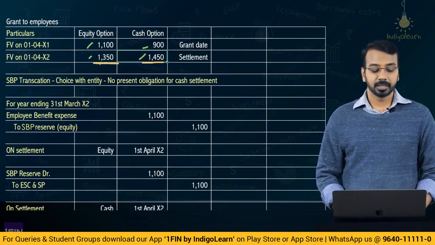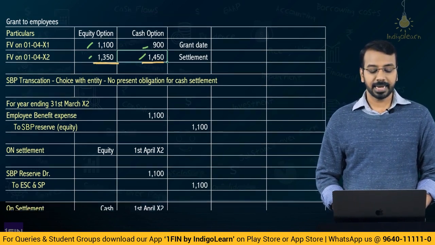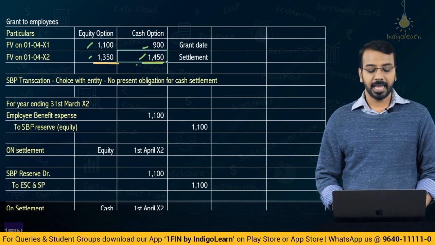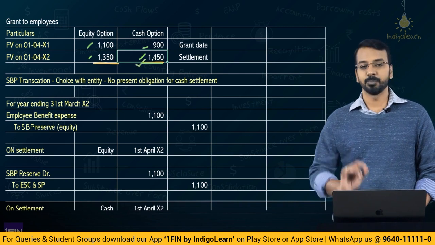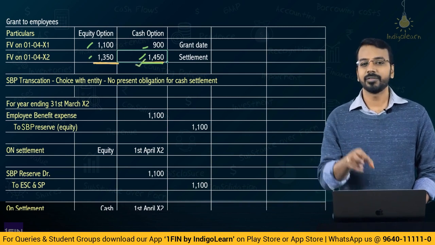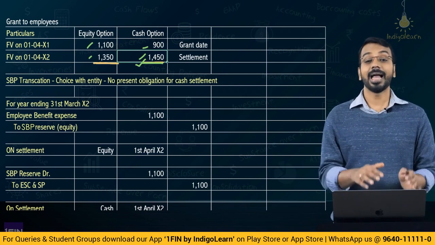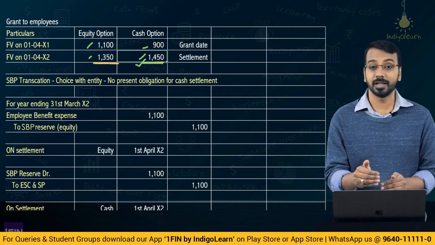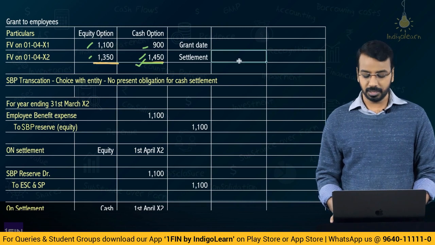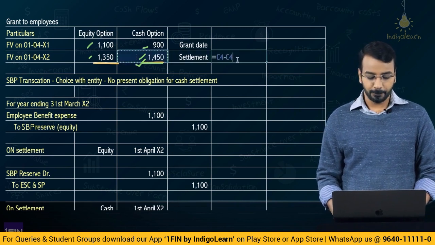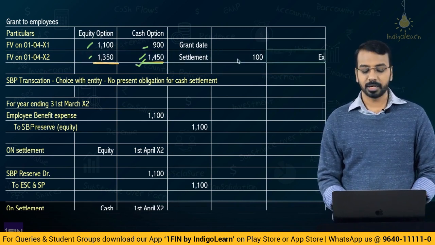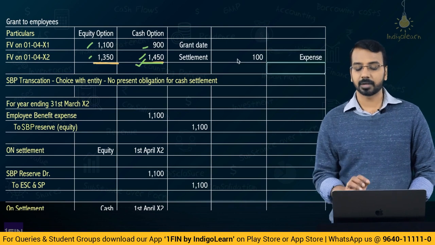Now, on settlement the equity option is 1350 and the cash option is 1450, and the entity is now settling at a higher value. One thing that you have to remember is whenever an entity settles a transaction at the option which has a higher fair value, then the difference between these two, 1450 minus 1350, this 100 will be one part of expense.